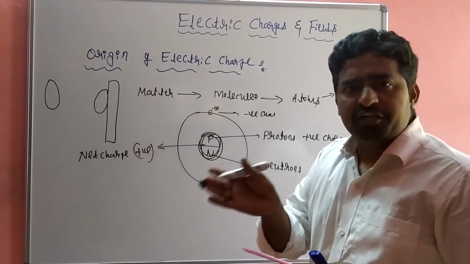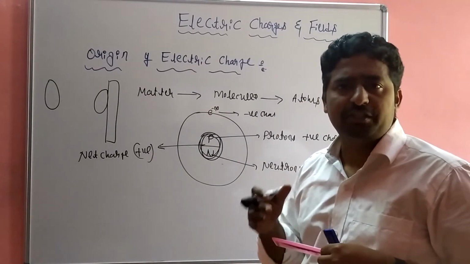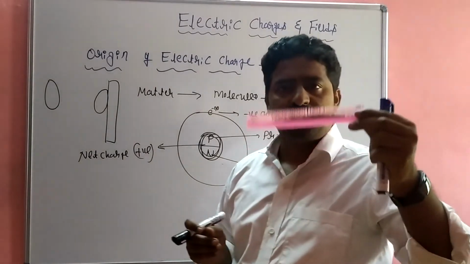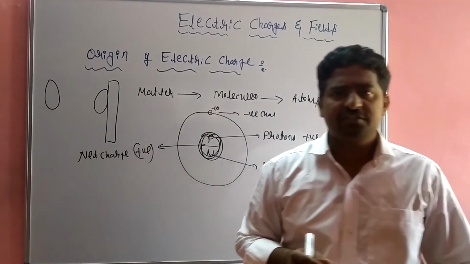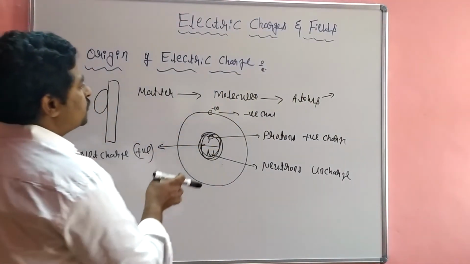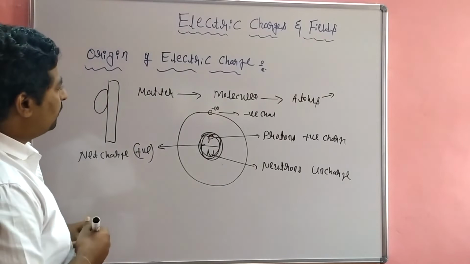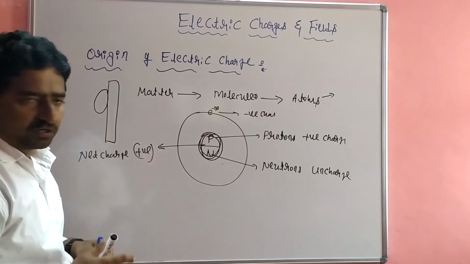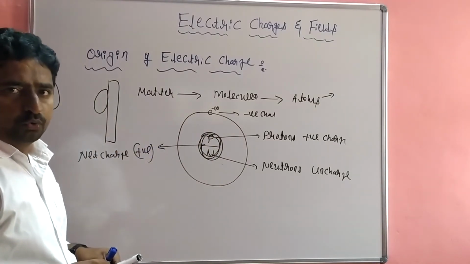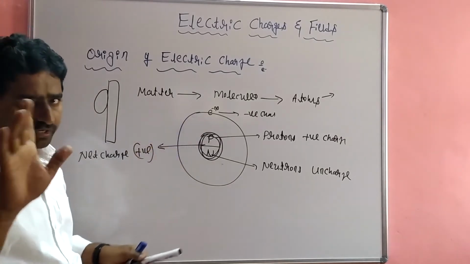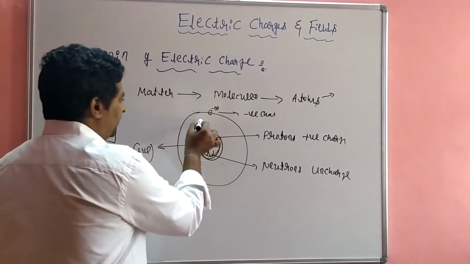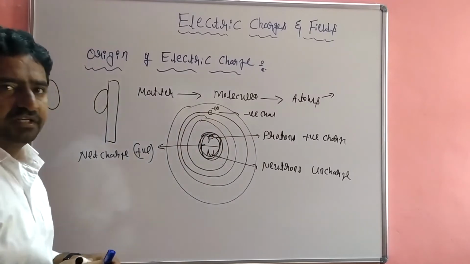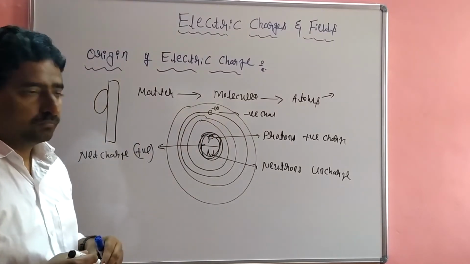So in some of the substances, for example the plastic cup, the outermost electrons... the electrons revolve around the atom in different orbits. For our explanation, I took only one orbit, but likewise there are many orbits, n number of orbit shells.